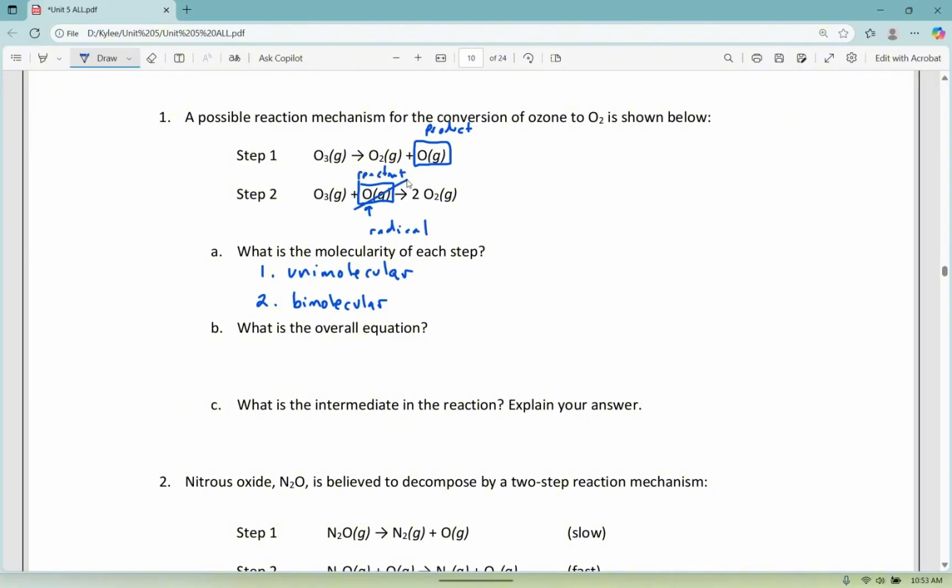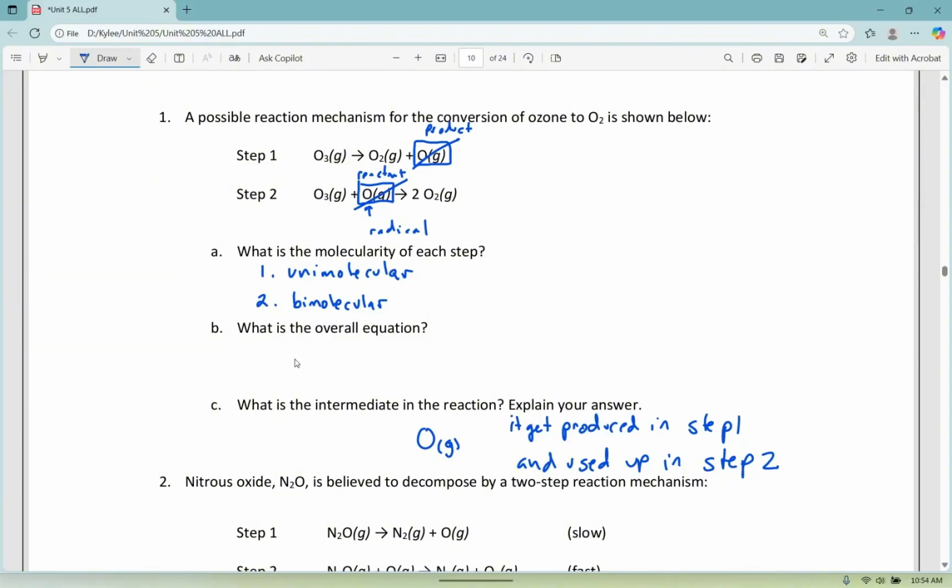And so that is going to be my intermediate. They want us to explain in part C, it gets produced in step 1 and used up in step 2. So when we write the overall equation, we cancel out that intermediate, just like we've seen in net ionic equations where we cancel something on both sides.